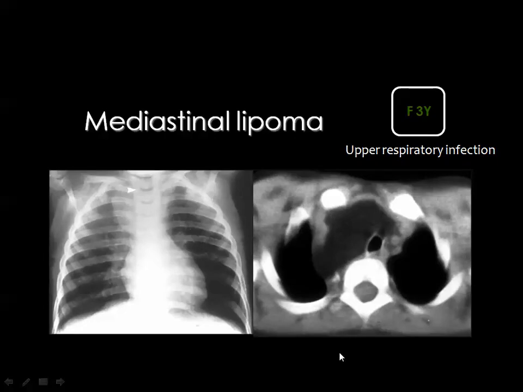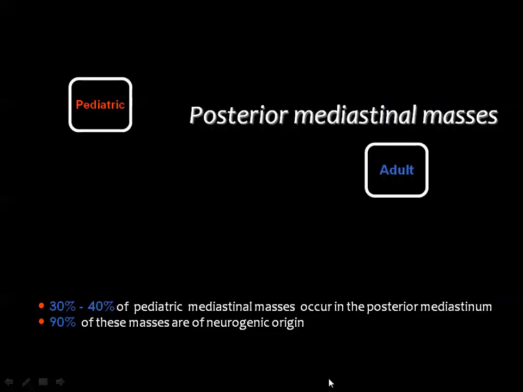Also, sometimes you can see a mass which is formed of pure fat in the mediastinum, with no evidence of fluid, no evidence of calcium, no evidence of other soft tissues, then you may say that this is just a mediastinal lipoma.